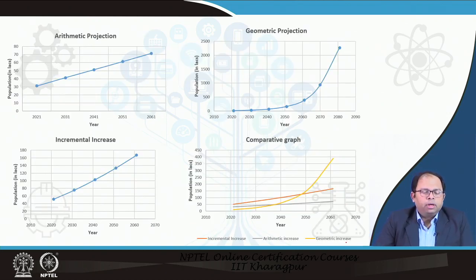If I draw these projections on a graph, we can see that the linear projection is pretty straightforward. That means it increases at the same rate. So this is the arithmetic projection. In geometric projection, the rate of increase is low during the first years and then suddenly it picks up.